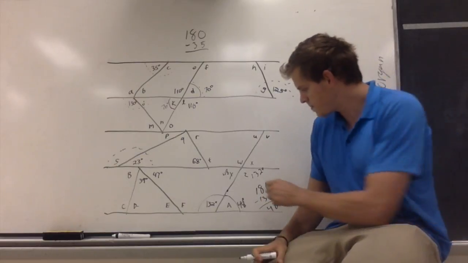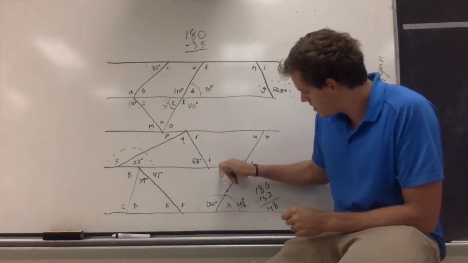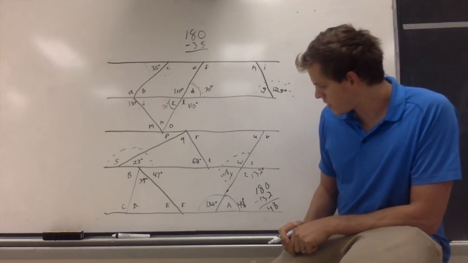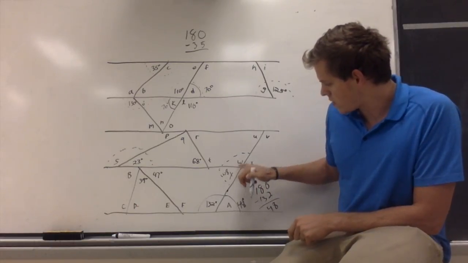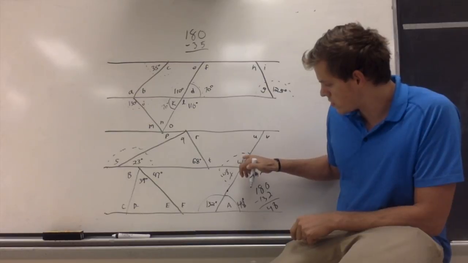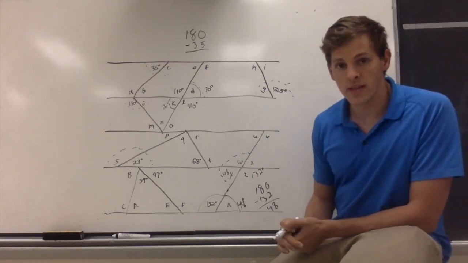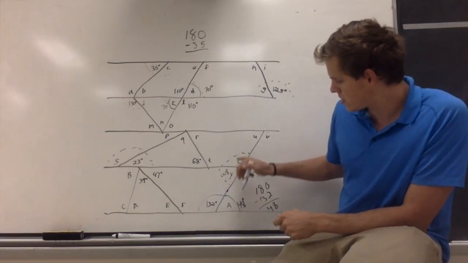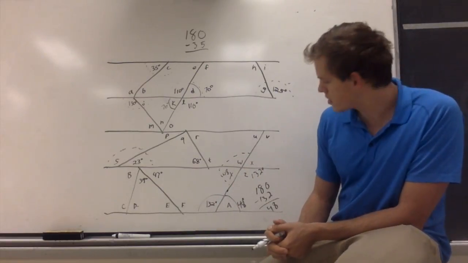And then from there, this right here is 180 degrees. So if that's 180 degrees, then W and Y will be the sum of 180 together. So subtract 48, and W will be 132.